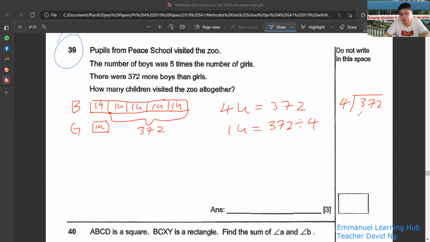How do you go about doing the division? 372 divided by 4 is? Let's do together. 372 divided by 4.